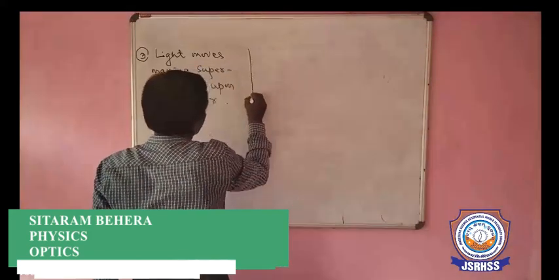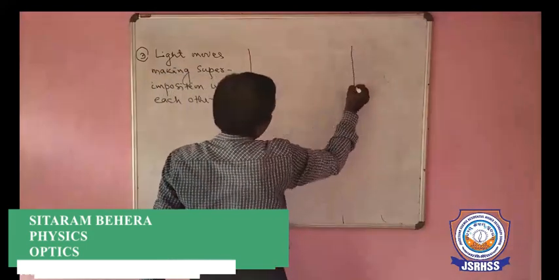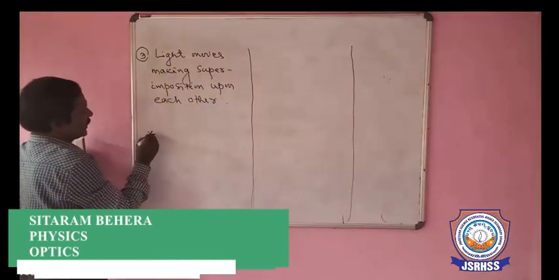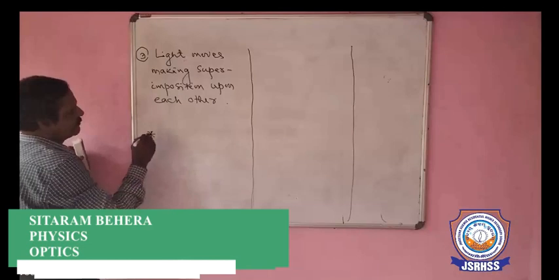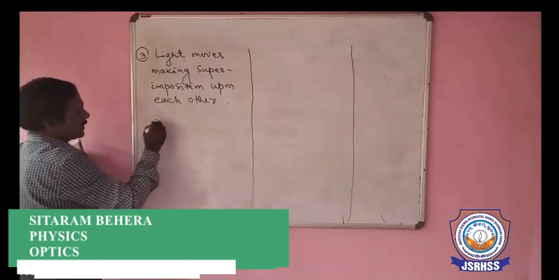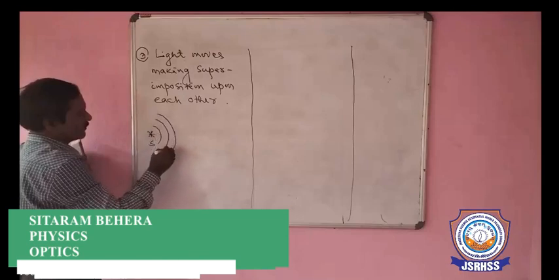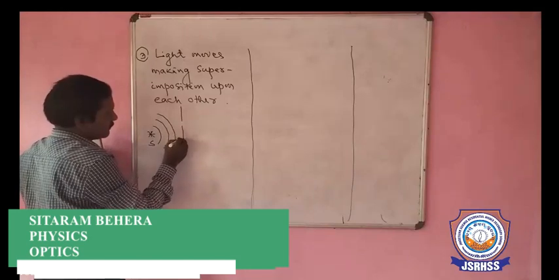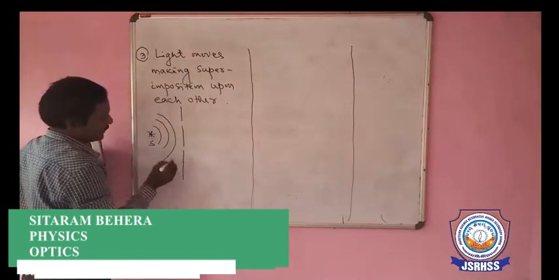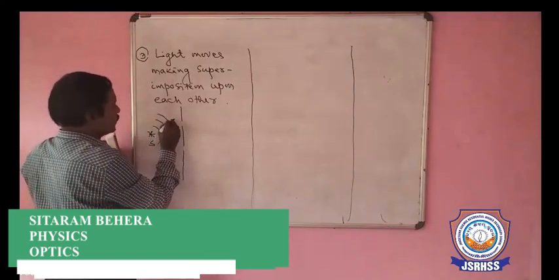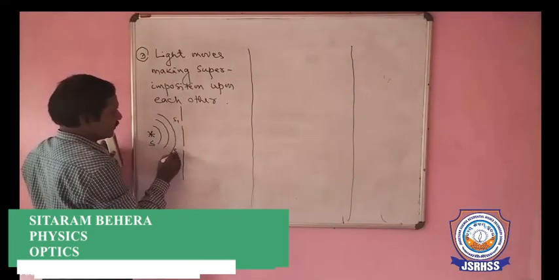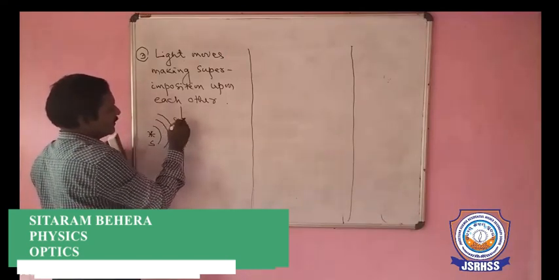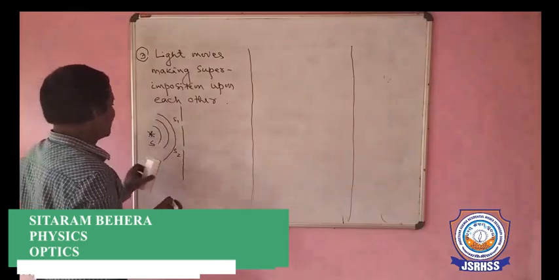That means, suppose S is the source of light and the light is moving making circular arcs. When the light will fall upon the two slits S1 and S2, then according to Huygens principle, light will move making circular arc.